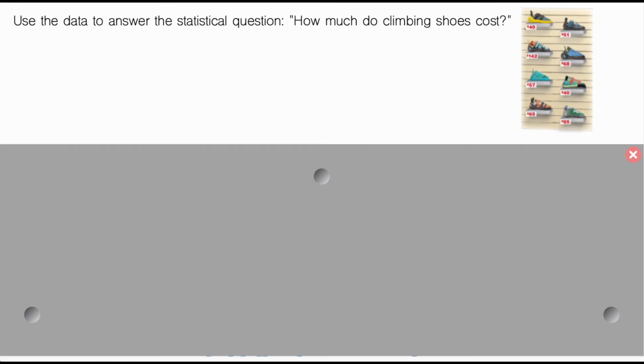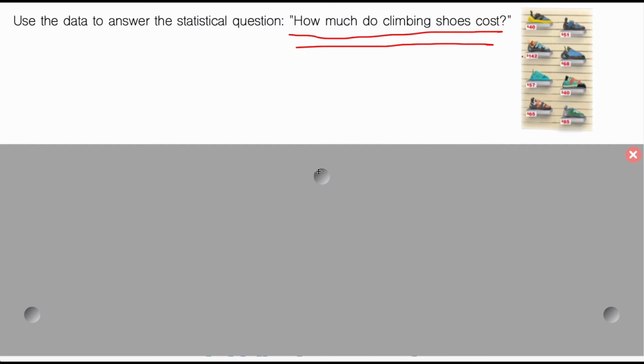And at this store, there are 8 different pairs of climbing shoes. There's a $40 pair, all the way up to a $142 pair. So a wide-ranging cost of shoes. And if you wanted to answer this question with one number, do you want to give the average, the mean? Do you want to give the middle number, the median, or the most often occurring number?